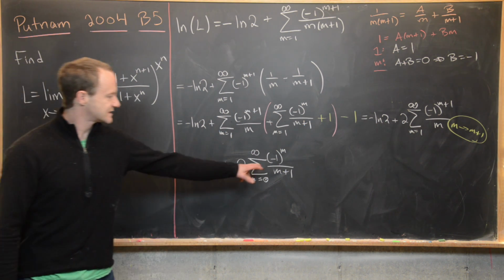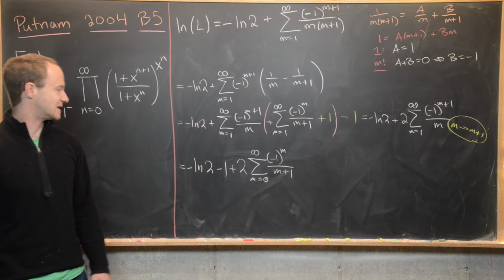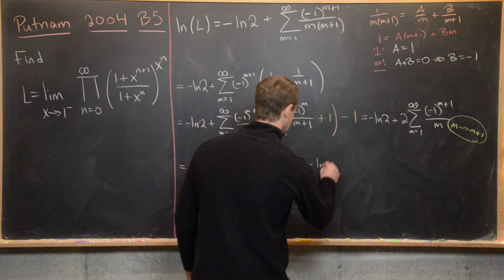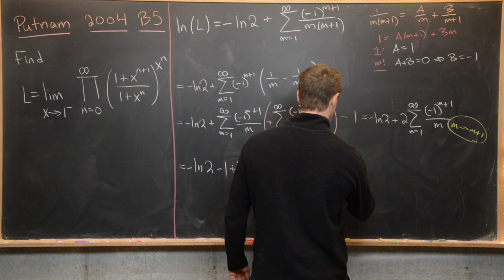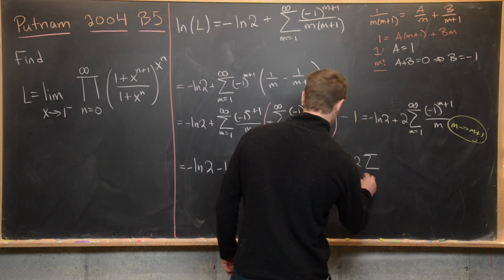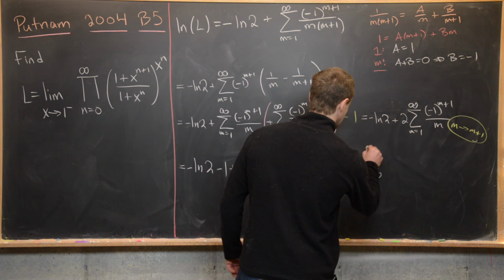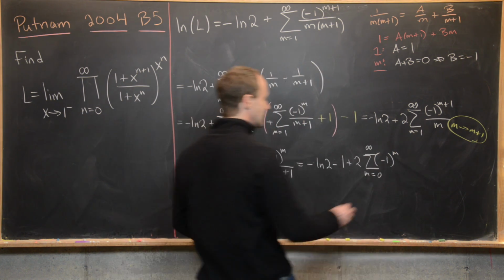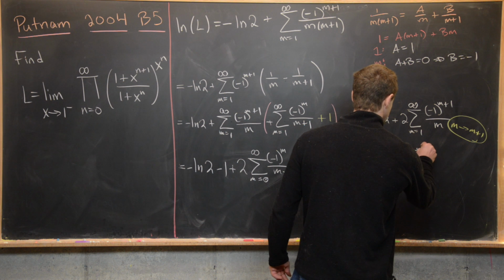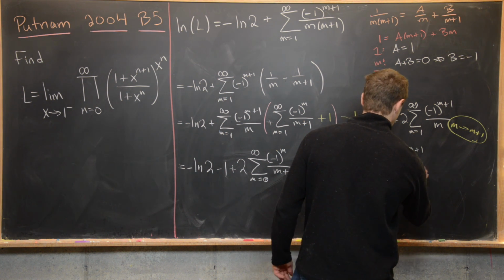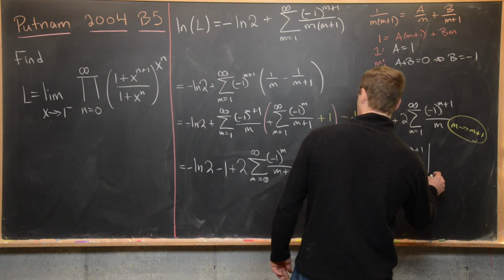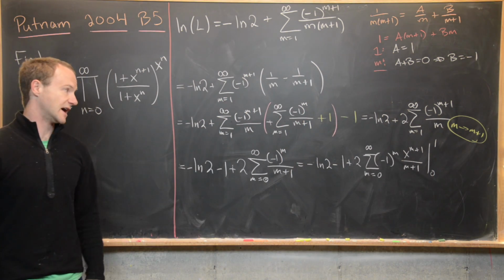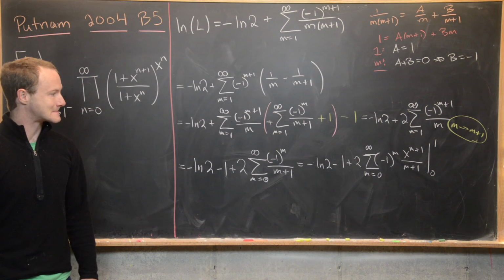So let's notice that this looks like the integral of a geometric series. So we could maybe write this as minus natural log of 2 minus 1 plus 2, and then we have this sum, m goes from 0 up to infinity of (-1)^m, and then this is going to be x^(m+1) all over m plus 1 evaluated from 0 to 1, where that x is not related to the x that we had previously.